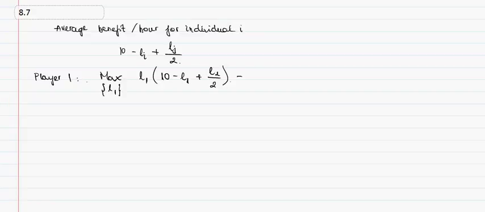The first case is the lower cost, equal to 3, and the total cost is the opportunity cost per hour multiplied by the total number of hours that player 1 spends on landscaping. This is the objective function for the low cost.